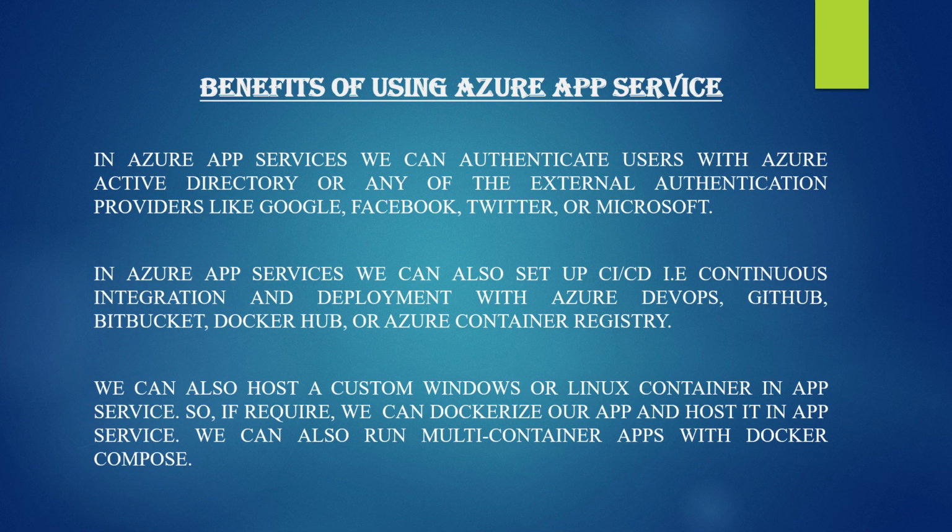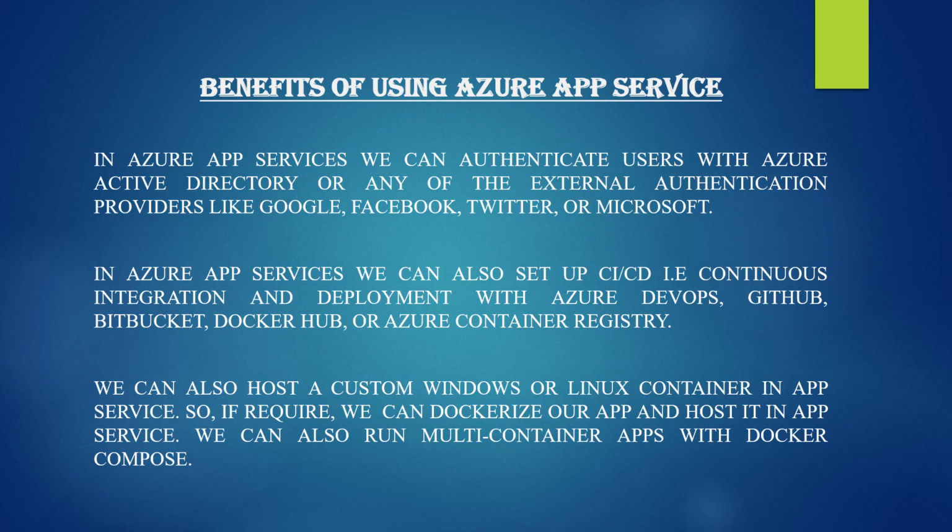So next benefits: in Azure App Services we can authenticate users with Azure Active Directory or any of the external authentication providers like Google, Facebook, Twitter or Microsoft. We can also set up CI and CD, that is continuous integration and deployment, with Azure DevOps, GitHub, Bitbucket, Docker Hub, or Azure Container Registry.